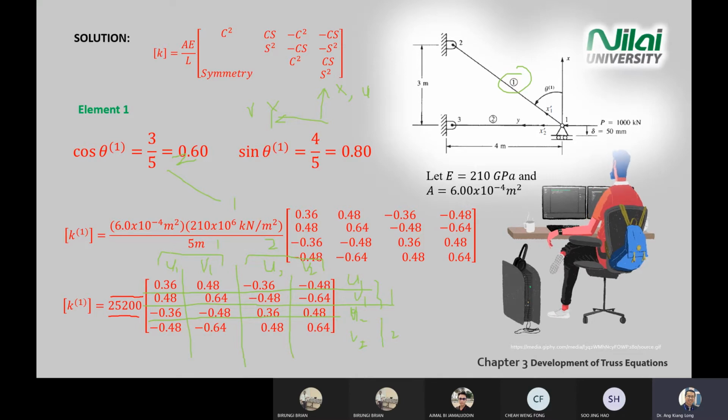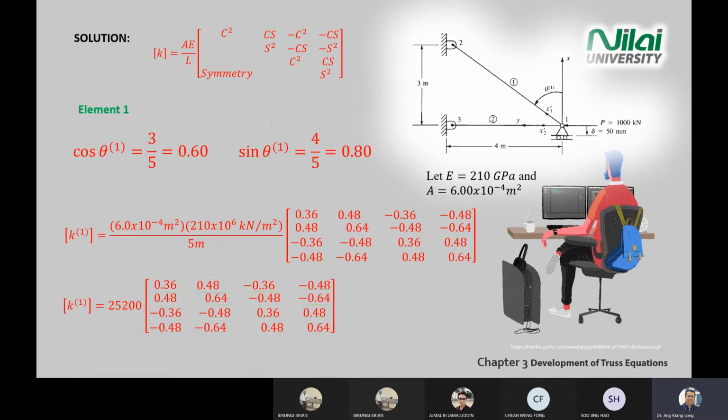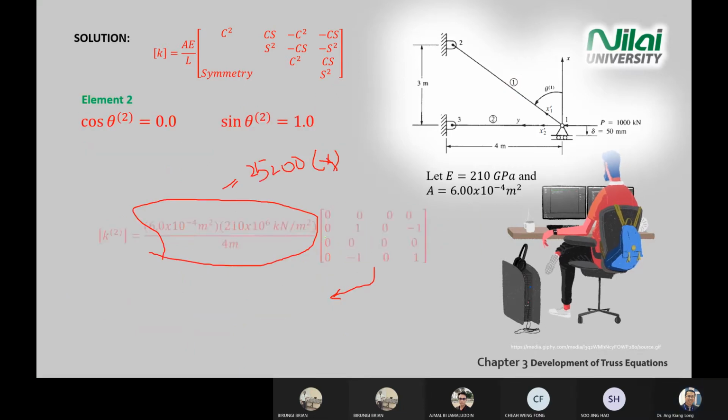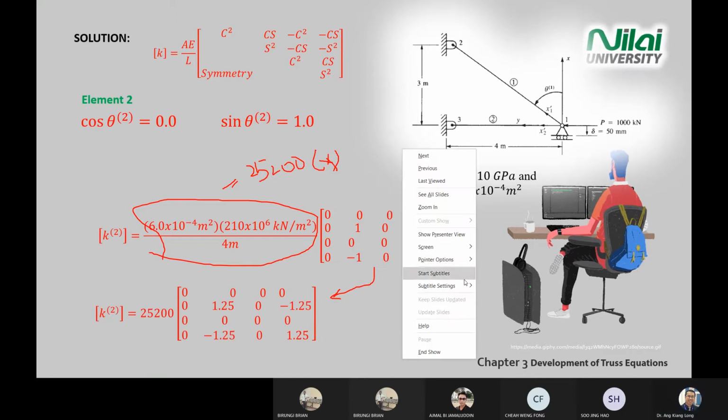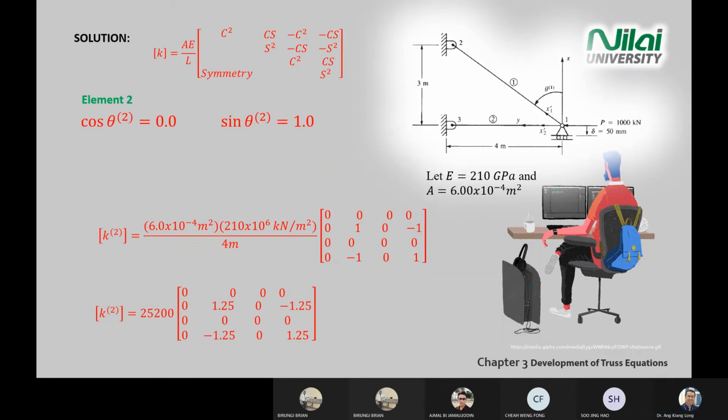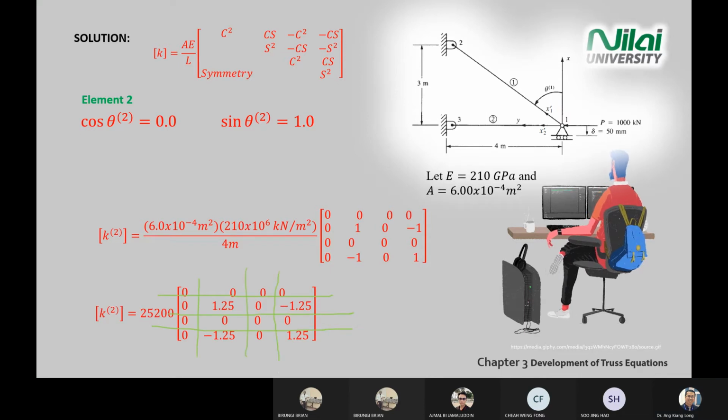All right, the first one will have point 1. Second one, they have point 2. So U1, V1 first, then U2, V2. Same with the second one. You repeat the same for the second one. You use a ruler to draw 4 lines or 3 lines. Okay, then you label.